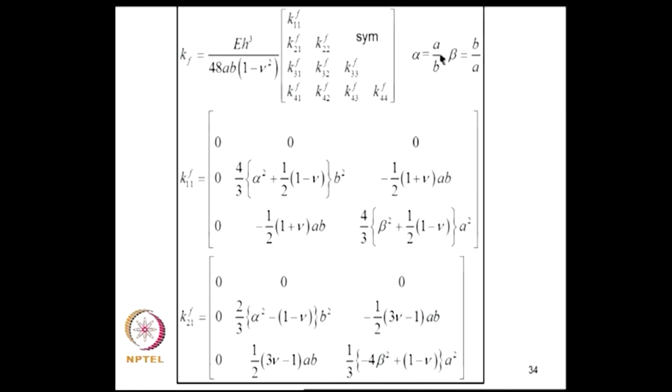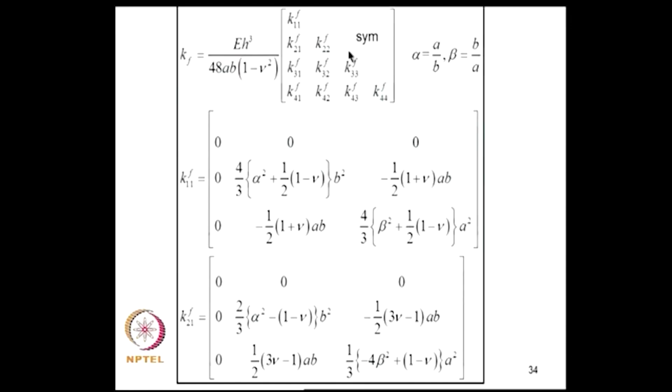again by introducing 2 parameters, alpha is A by B and beta is B by A, we can get the K matrix in terms of various components K11, K21, K31, K41.